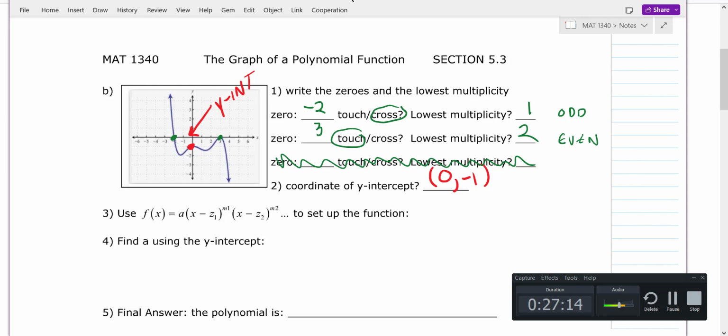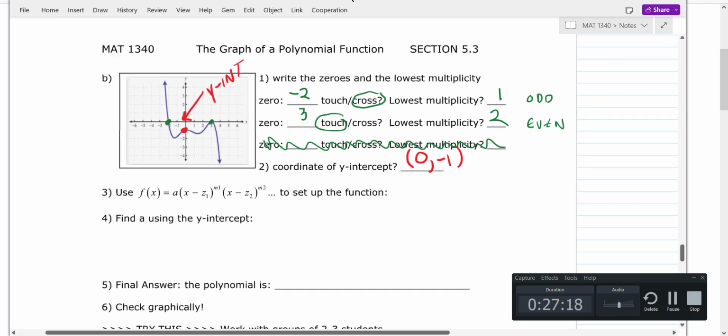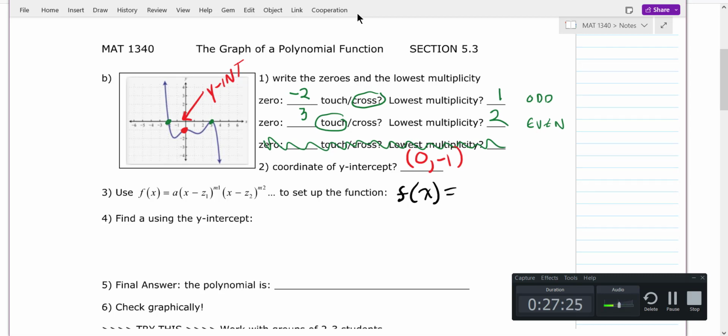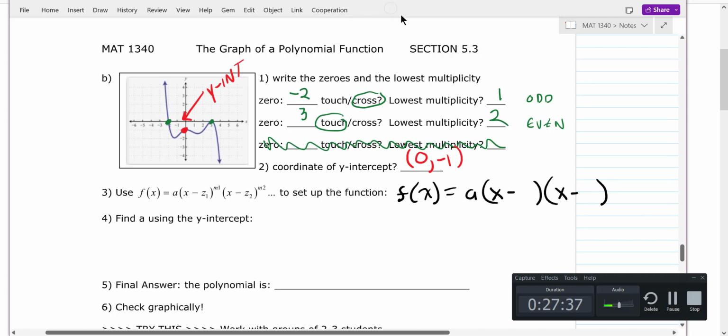Okay, now we've got everything we need to know to start putting this thing together then. So what we're going to do is write this like this. You have f of x, and then put an a, and then you want to kind of get everything put in. Remember, the structure is x minus something. Okay, make sure that you set it up like this.